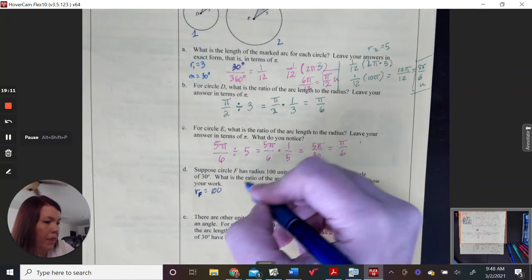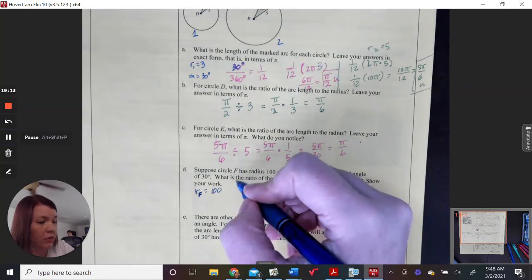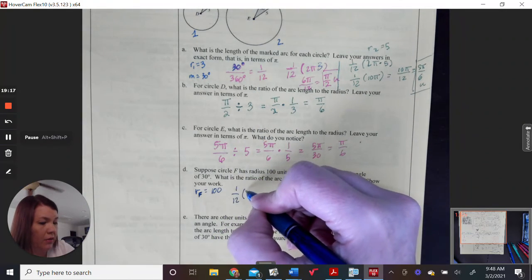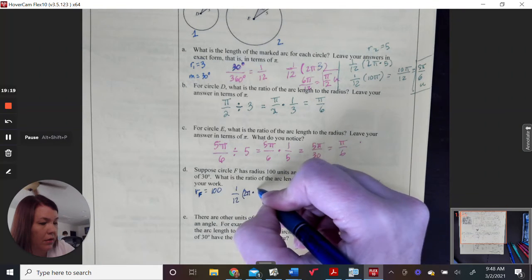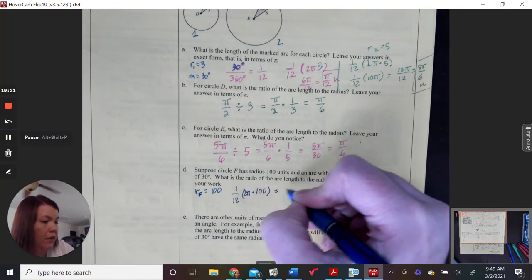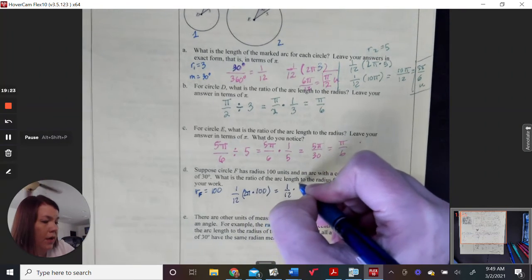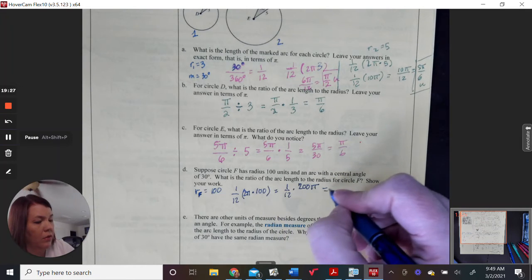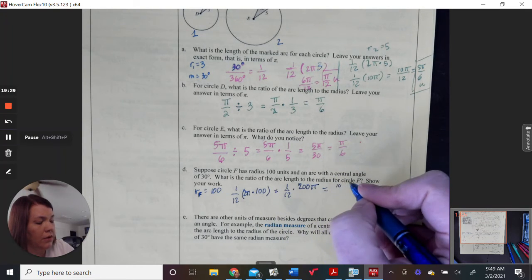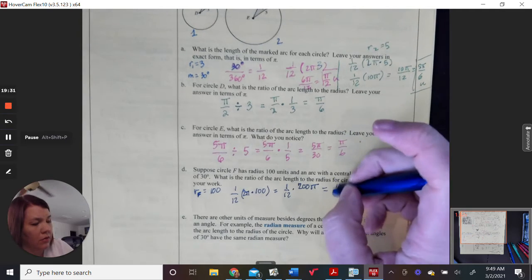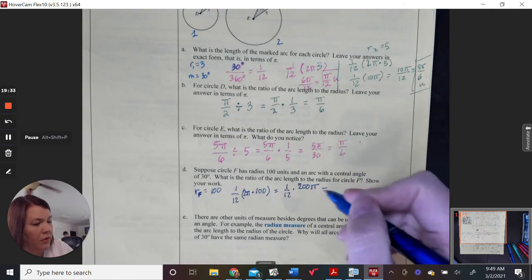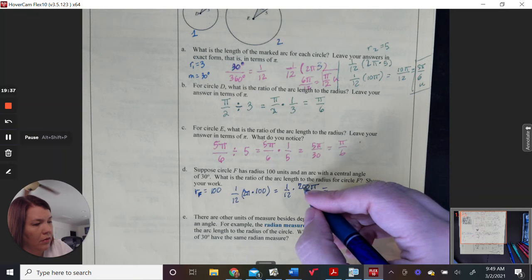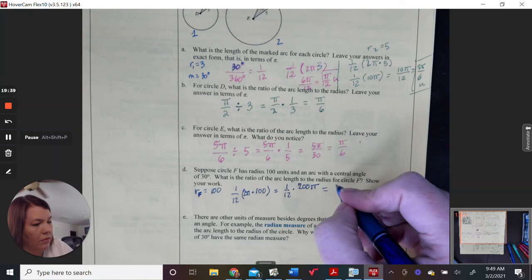So let's actually divide 4 into both those numbers. 50 pi over 3. Double check that. Yep, okay. There's my arc length.